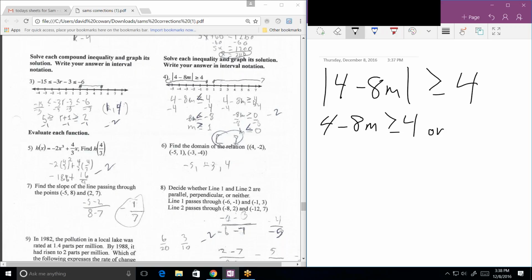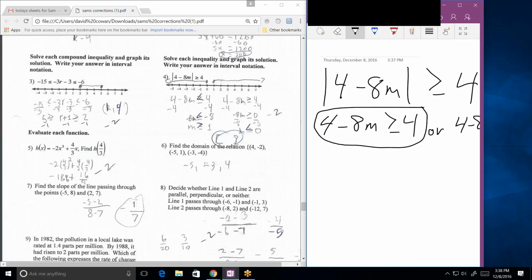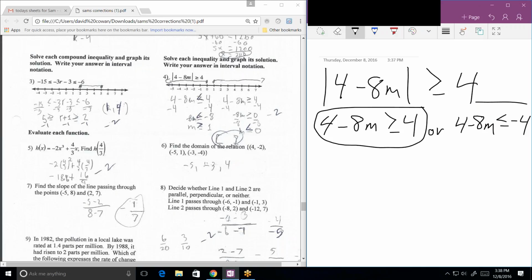The second thing, you have to do two things. Never change what's inside the absolute value, but you have to change the direction and the sign. And now you have two inequalities to solve for. And you do those vertically.